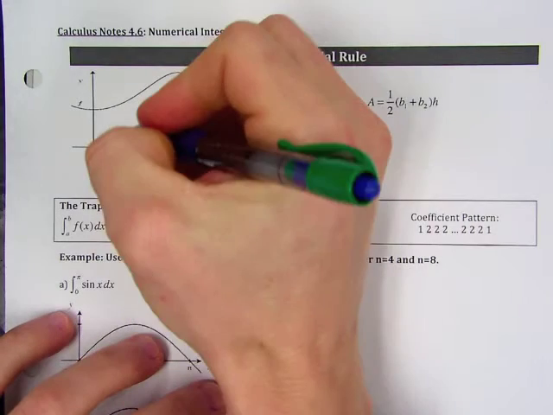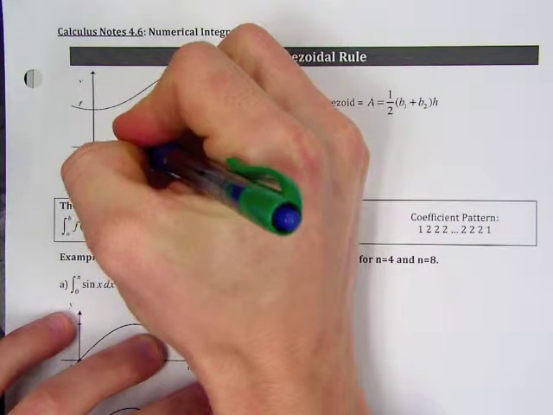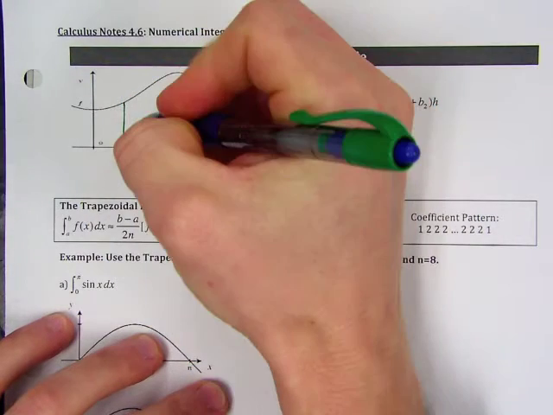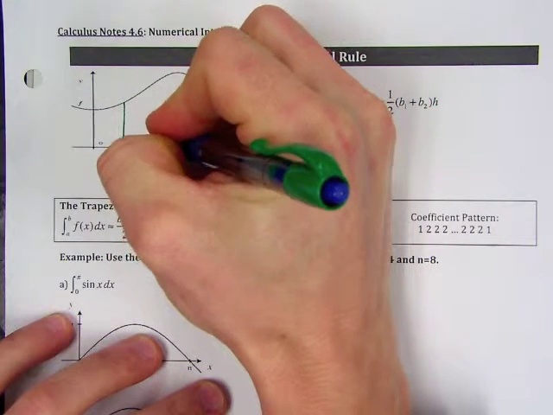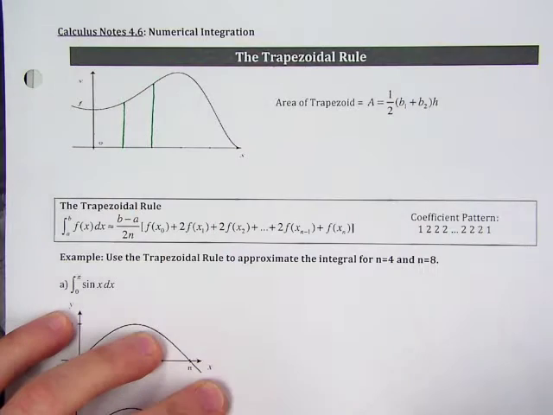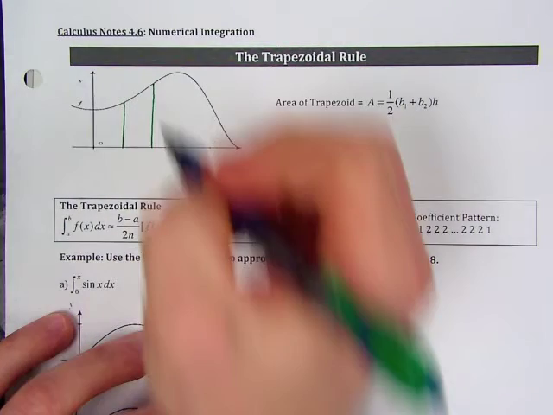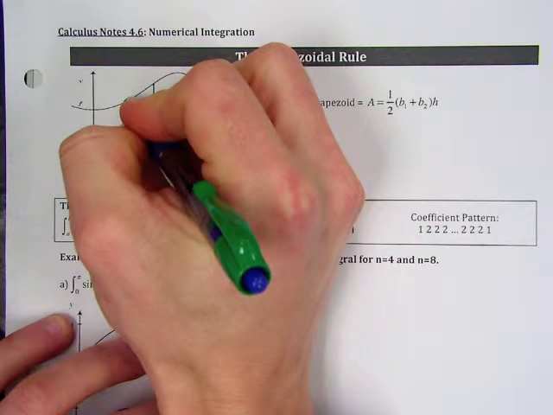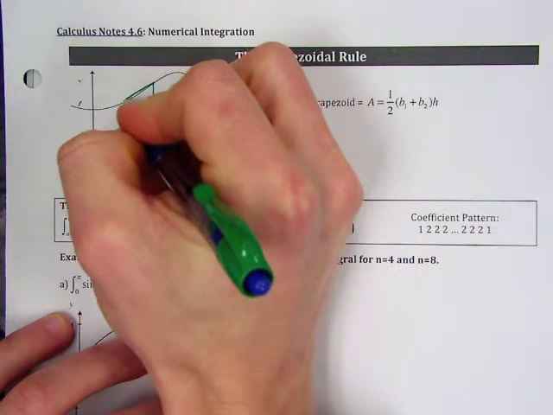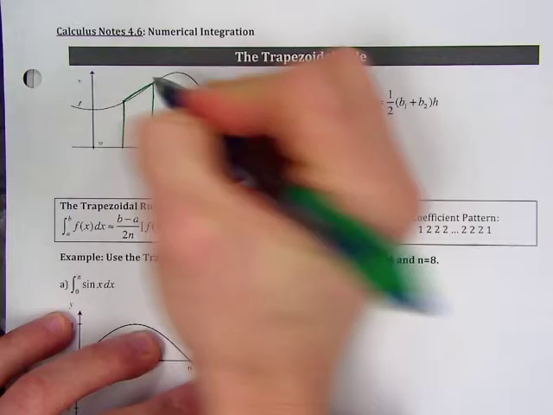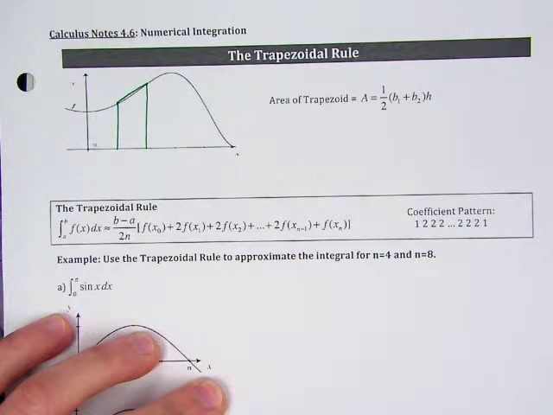What we're going to do is, instead of using rectangles to approximate the area like we did before, we're actually going to use trapezoids. So if we're looking at these two intervals here, we can connect the heights of those two lines, and now you get a trapezoid.